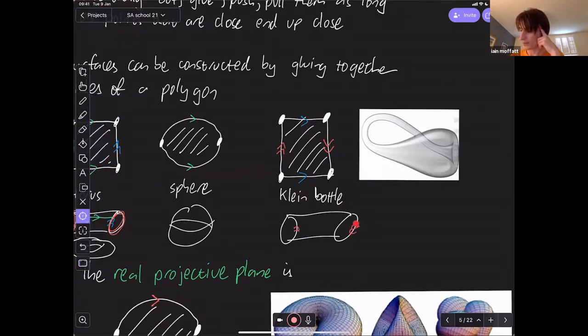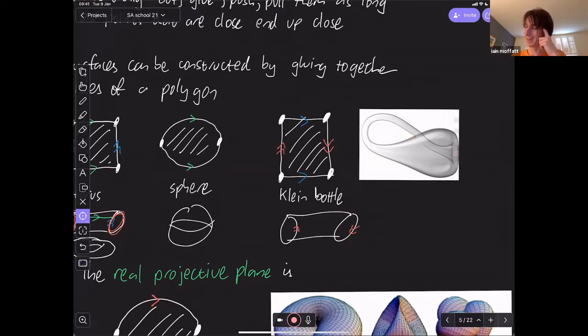So I can't realize this in 3-dimensional space. What I've got to do is take this side here and go inside the shape and glue it like this. And this is going to give me a Klein bottle, which looks like this.